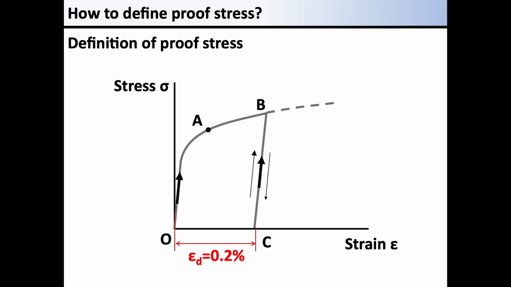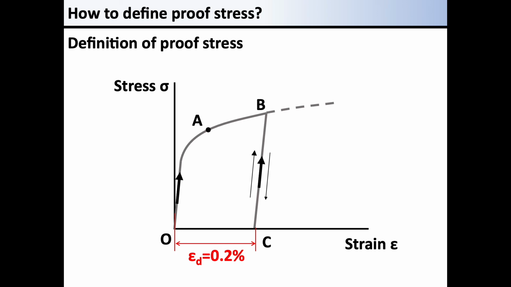This is not easy, so a tensile test is first performed up to, for example, B, and then the material is unloaded. The position of the 0.2% strain can be determined from the data obtained through the tensile test.